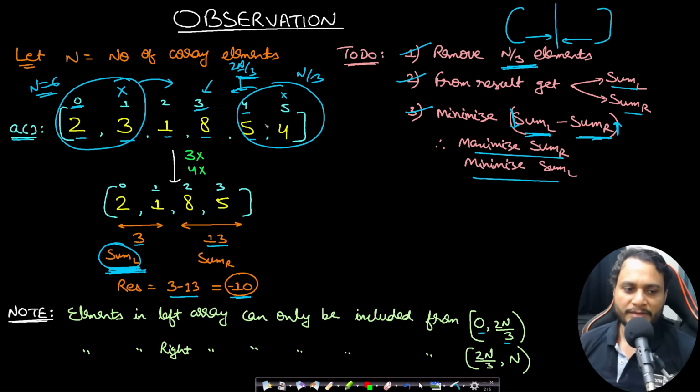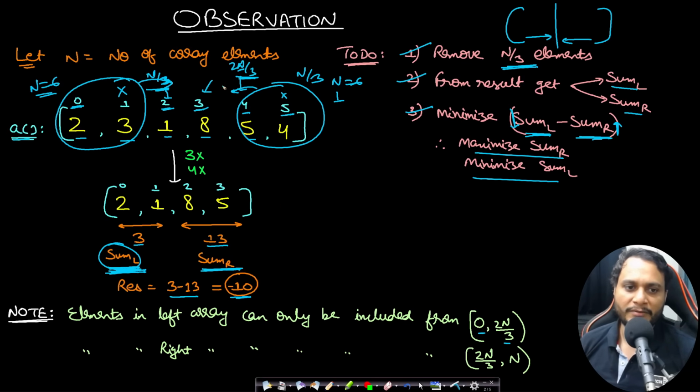And for the same reason, the elements that can be included in sum R can range from n by 3 to less than n, where n is equal to 6. So from n by 3, which is this 2, to less than n. That means from index 2 to index 5, elements can come in the right hand side array.